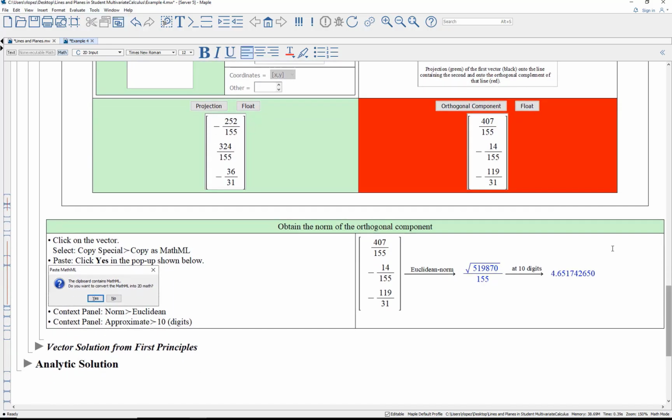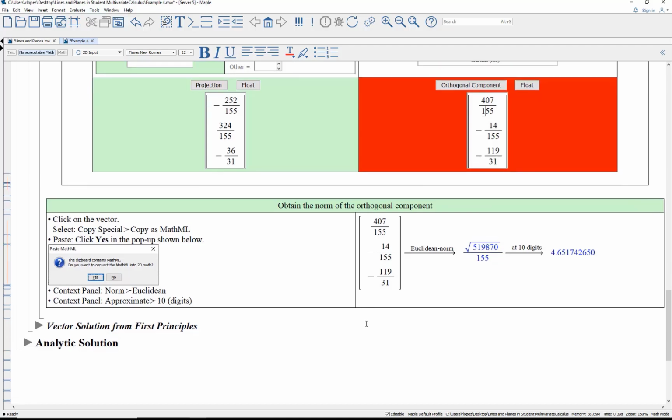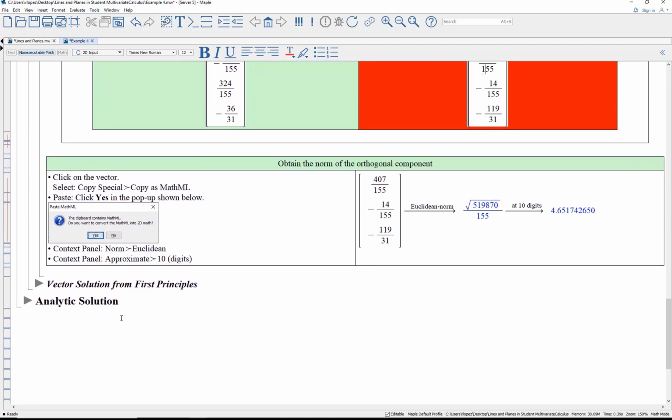Now you've got to get the norm of this vector. So what you want to do is copy as MathML, and then you want to paste it. So when you go to paste it, you get this pop-up. It asks if you want the MathML to be converted into Maple's 2D math, and you say yes.